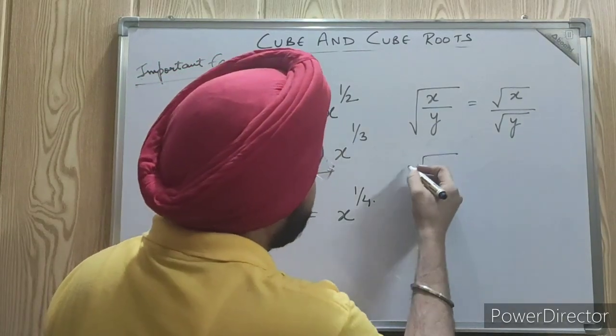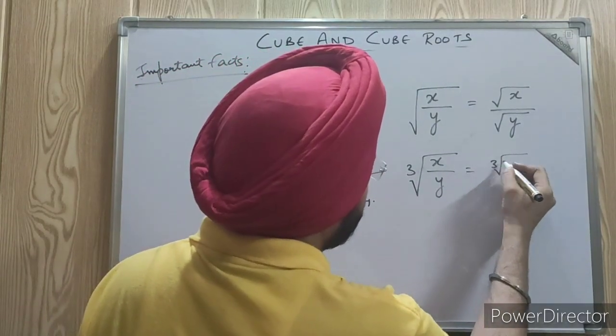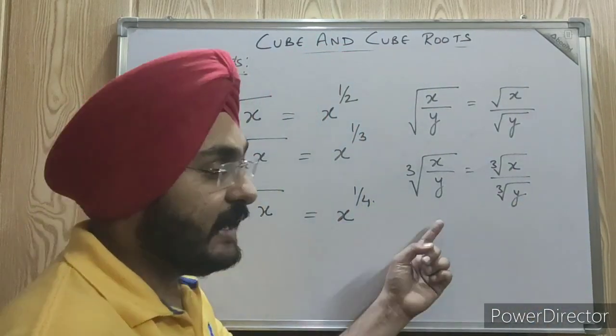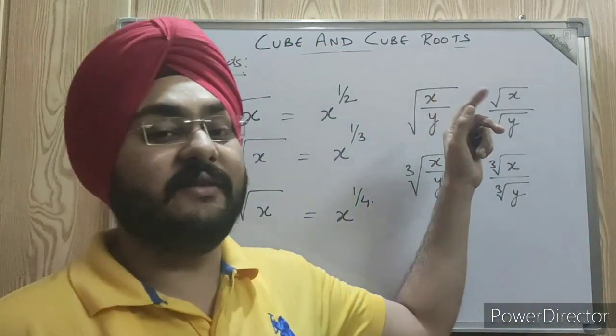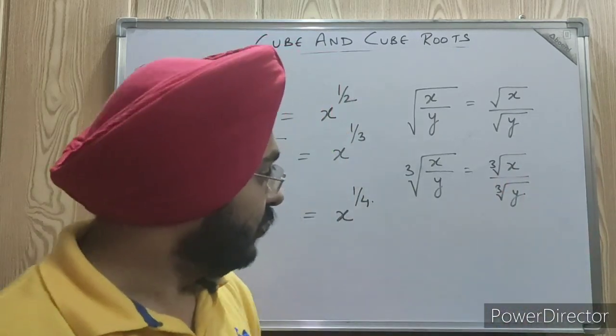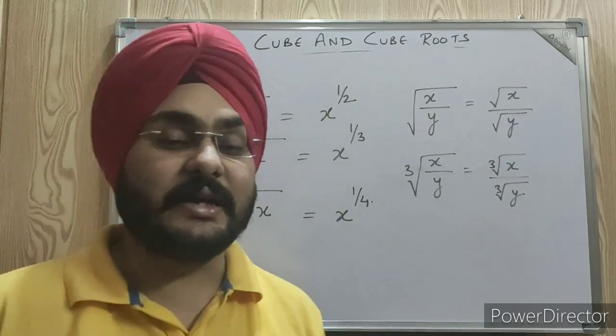And same for the cube root as well. Cube root of x by y, I can write in this way, cube root of x by cube root of y. Same case you can do for multiplication as well. Instead of division, if we are having multiplication, the same way you can do for these things. So I hope these topics will be clear, since these will be used in your next standard as well.